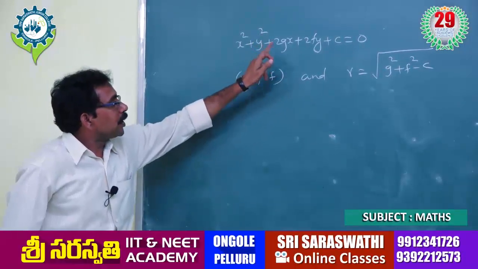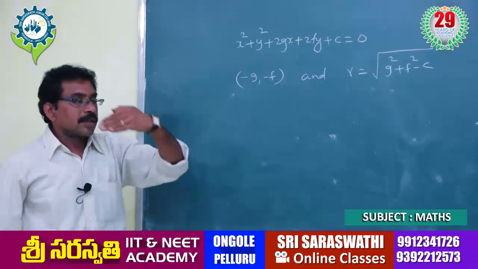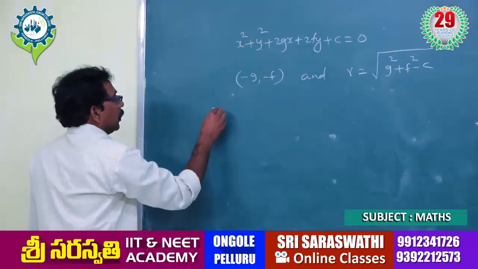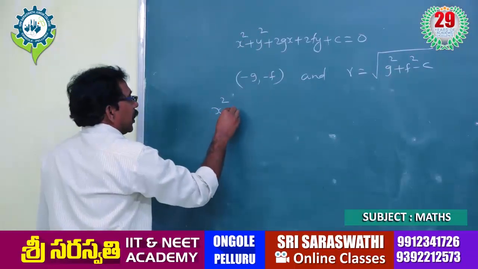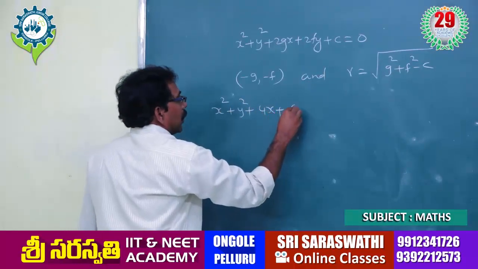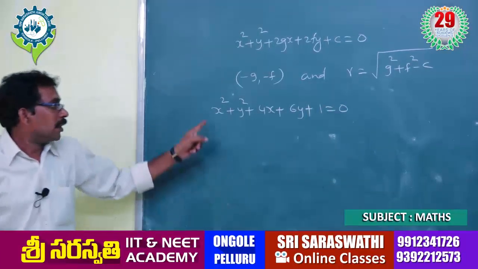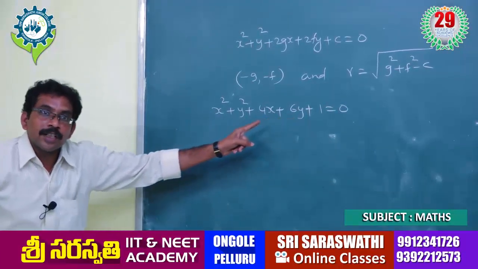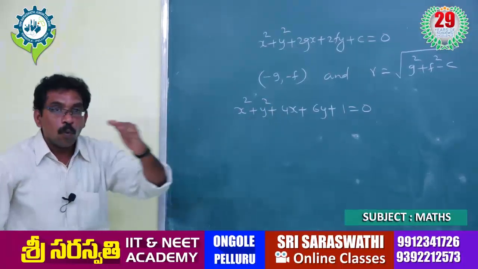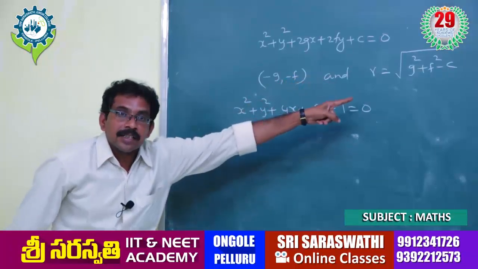By using this equation, we can see some examples. For example, x square plus y square plus 4x plus 6y plus 1 is equal to 0. This is a general equation of the circle. From this equation, we can get the center and radius.